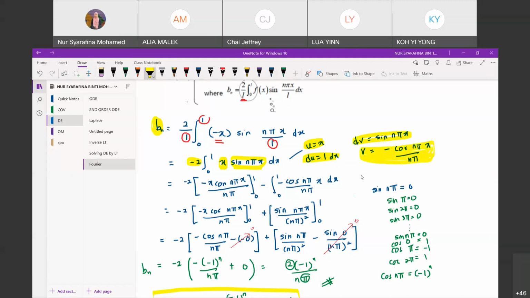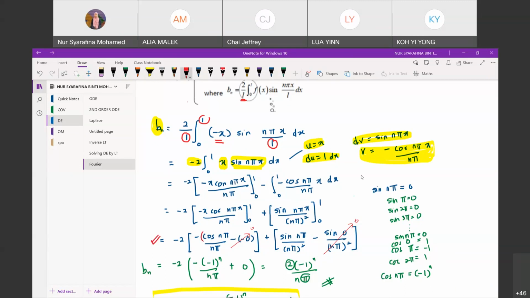So substitute here and simplify. This is negative x cos(n pi x) over n pi minus the integral of negative cos(n pi x) over n pi. Okay, substitute here, we get up to this.